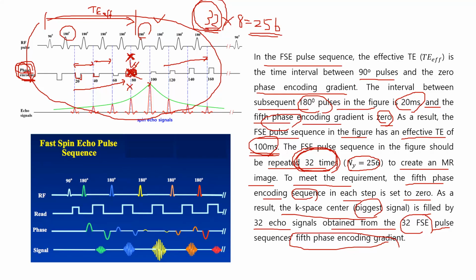So at this position, we have 0 phase encoding gradient, and we have the largest echo signal here, 100 milliseconds. In this position the signal intensity is decreasing, and from here also decreasing. So at the effective TE position, we have the largest echo signal.